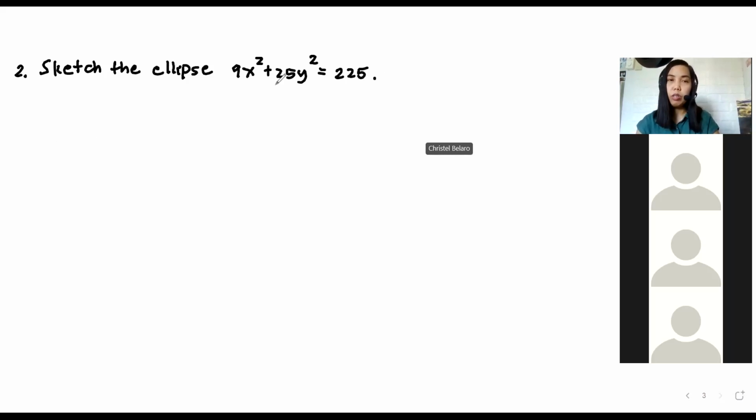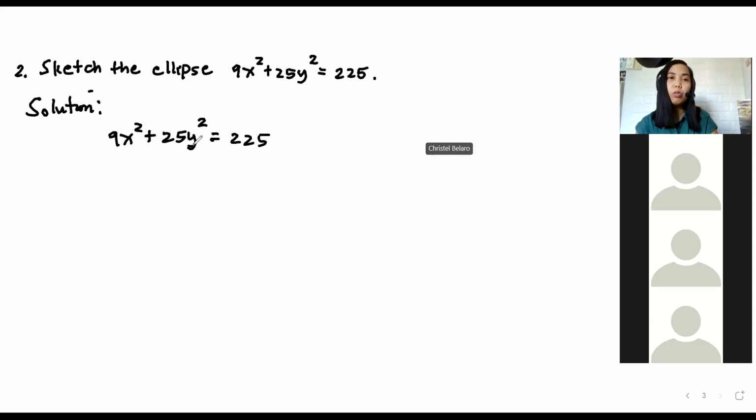Before we graph this, we need to write it in standard form, then find the vertices, foci, and the coordinates for the minor axis. So we have 9x squared plus 25y squared equals 225.